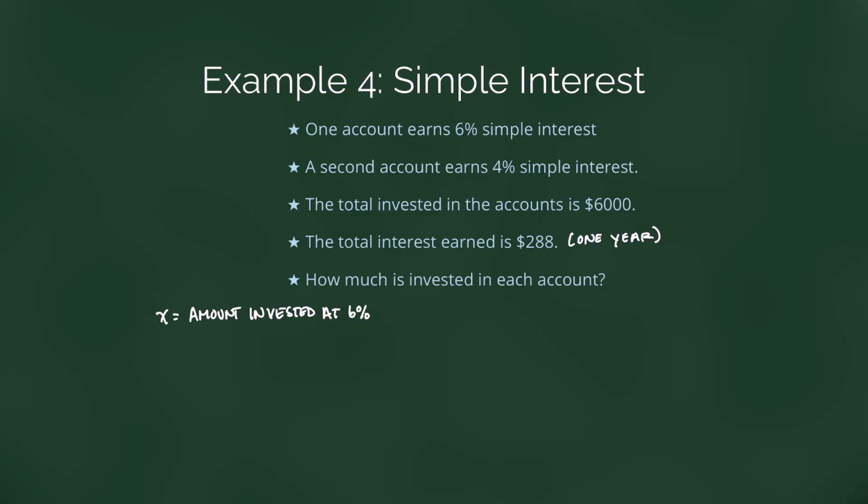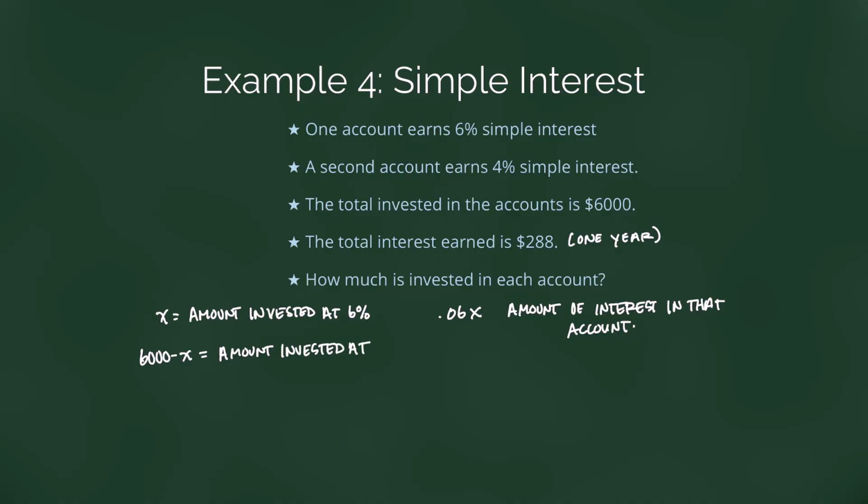If we do that, then 0.06X represents the amount of interest on that account. If we invest X dollars at 6% and we're investing a total of $6,000, then 6,000 minus X has to be the amount invested at 4%.